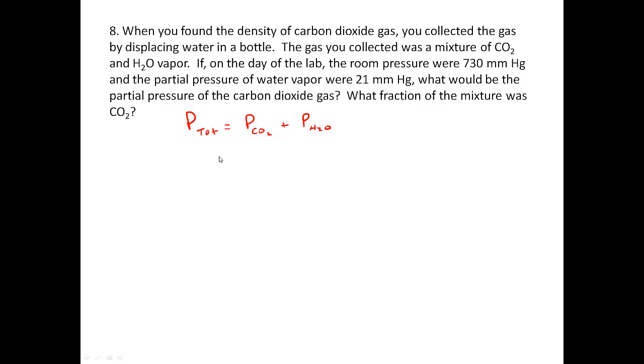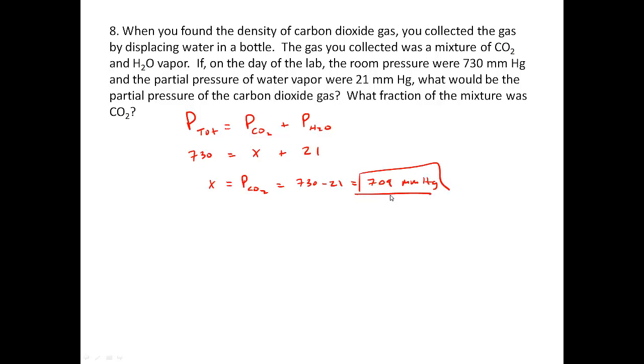If the total pressure was 730, we don't know what the pressure of the carbon dioxide is, but we do know that the pressure due to the water was 21. So the pressure of carbon dioxide would equal 730 minus 21, which is 709 millimeters of mercury.